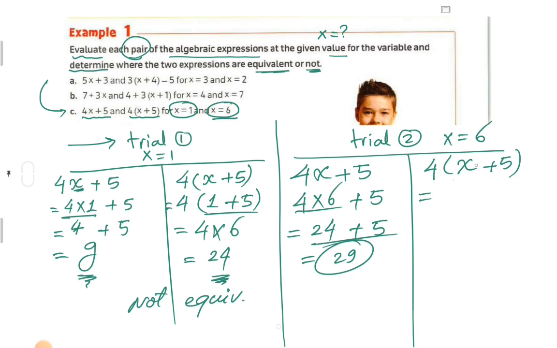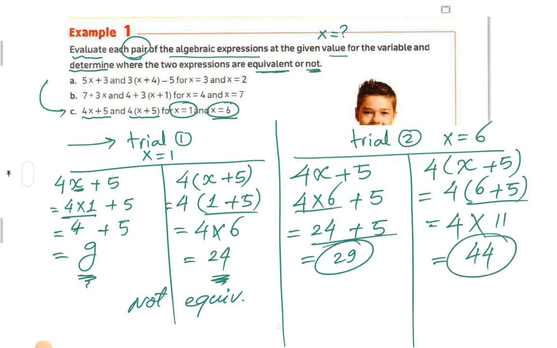Now remove x and put 6. 4(6 + 5). Start with parentheses. 4 parentheses means 4 times the parentheses result. 6 plus 5 equals 11. 4 times 11 equals what? 44.